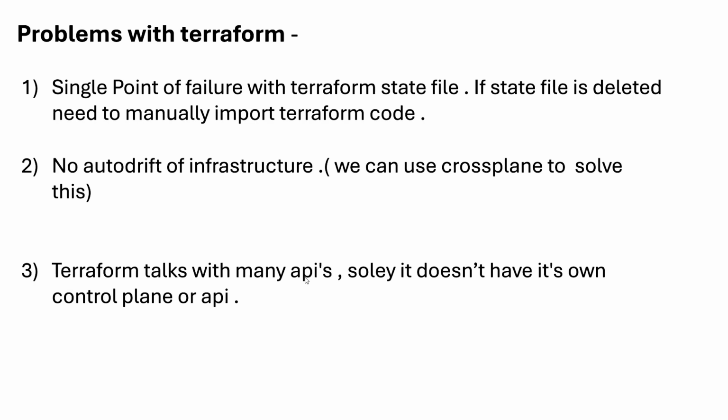Let's say you created an EC2 instance using Terraform, infrastructure as code, but someone in your organization just deleted this EC2 instance manually from the console. Terraform can't do any auto drift, right? It can't create that EC2 instance again. That is auto drift.